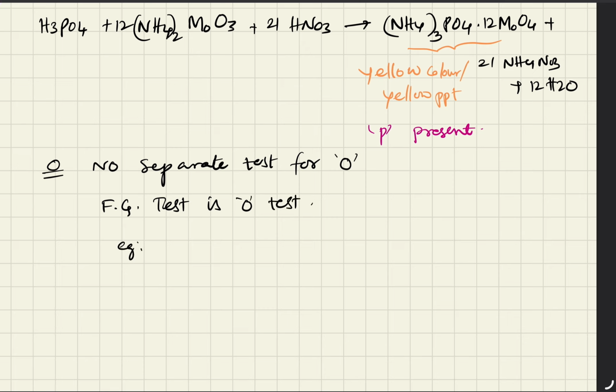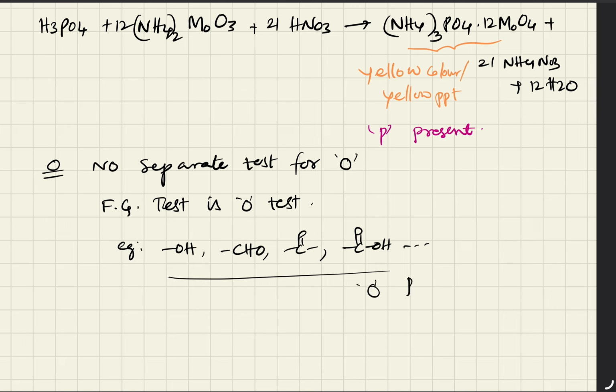For example, the alcohol test, aldehyde group test, keto group test, and carboxylic acid test are all functional group tests. Like this, for any group having oxygen, if you perform that functional group test, it shows that oxygen is present in the organic compound. So these are the identification tests for the given elements in the organic compound.